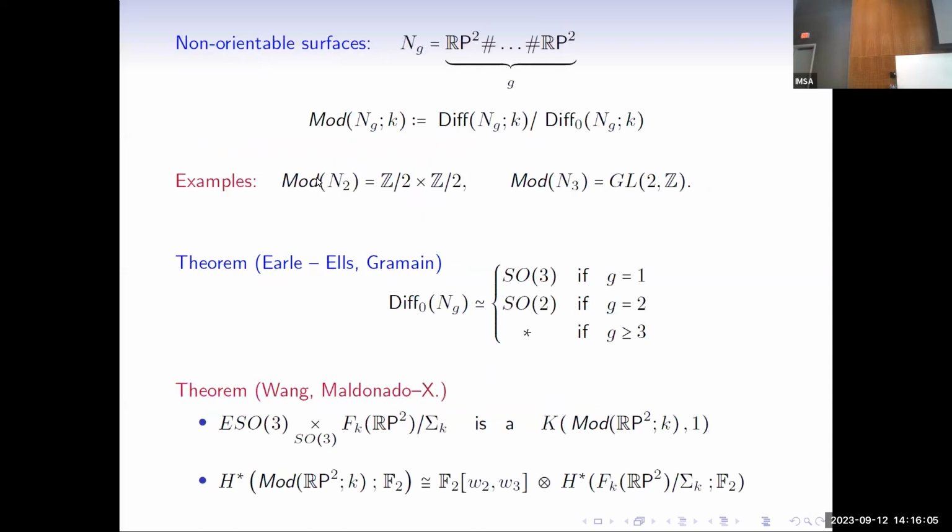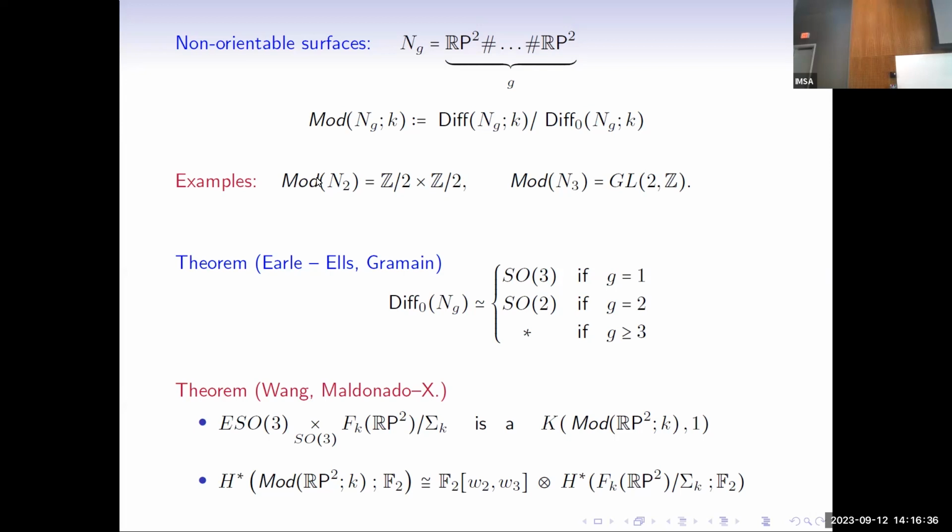So now, what about non-orientable surfaces? I wanted to talk about that. Well, a non-orientable surface of genus g is by definition the connected sum of g copies of RP2, right? And you can define the mapping class group of such a surface by looking at all diffeomorphisms of the surface modulo the component of the identity, like before.